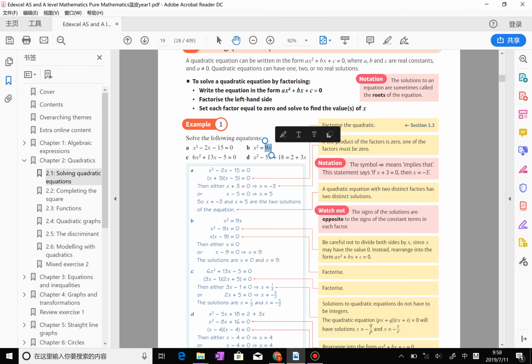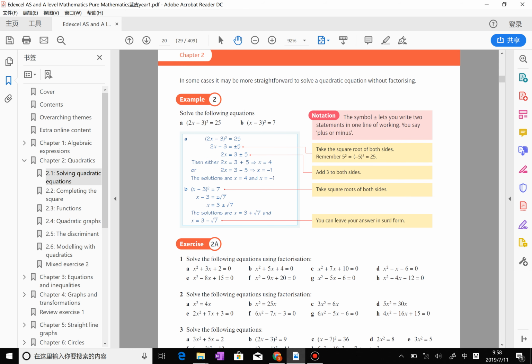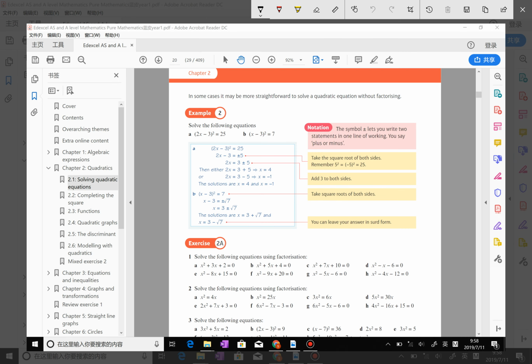Let's go to the next page to see another example. Example 2: 2x minus 3 squared equals 25. How do we solve this? What number squared equals 25? 5 squared equals 25, or negative 5 squared equals 25.